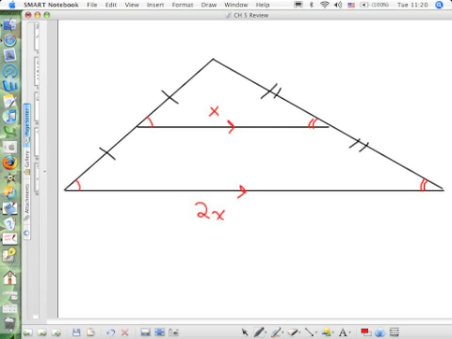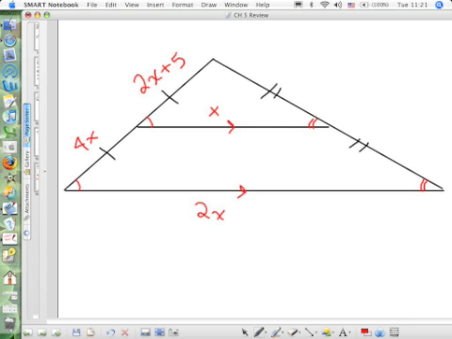Because I could have questions such as, this is equal to 2x plus 5, and this is equal to 4x. The small triangle is exactly half the big triangle. And how would you know? Well, what is the relationship between those two sides? They're equal.